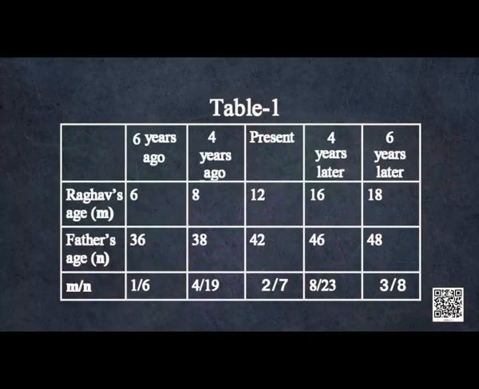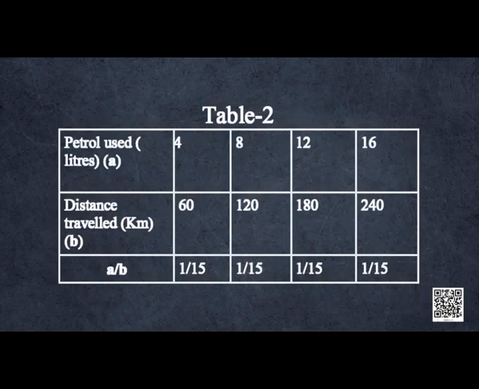In table 1, let us take Raghav's age as M and his father's age as N. Let us observe what happens to M by N. Similarly, in table 2, let us take the petrol used as A and the distance travelled as B. Let us observe what happens to A by B.